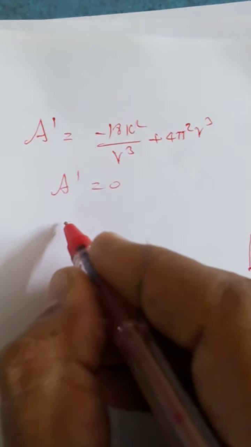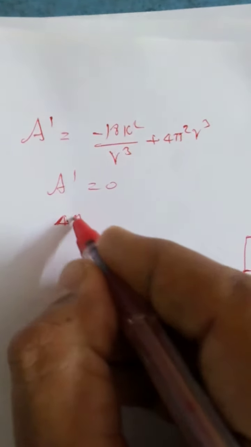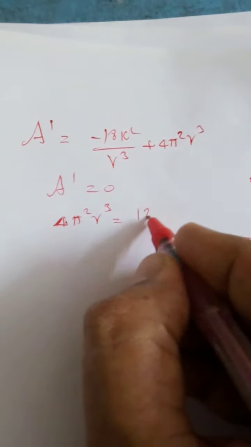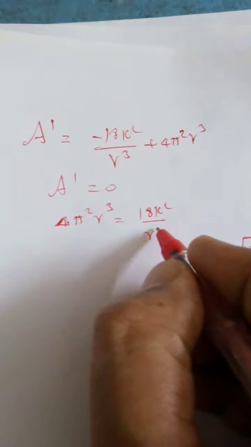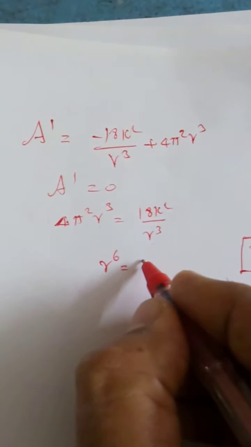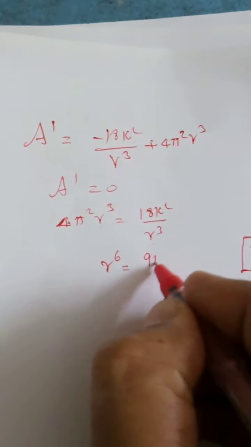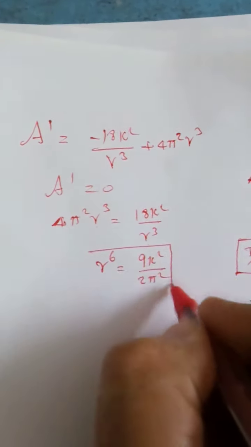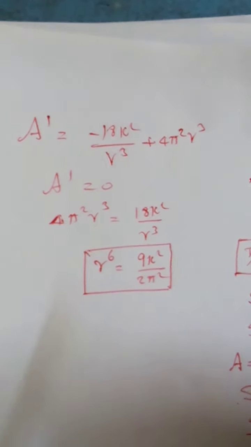You're going to take this term to the other side. So finally you will be getting 4 pi square r, and 18k square by r cube. So finally when you simplify this, your r power 6 is 9k square by 2 pi square. So this is what you get for r power 6.